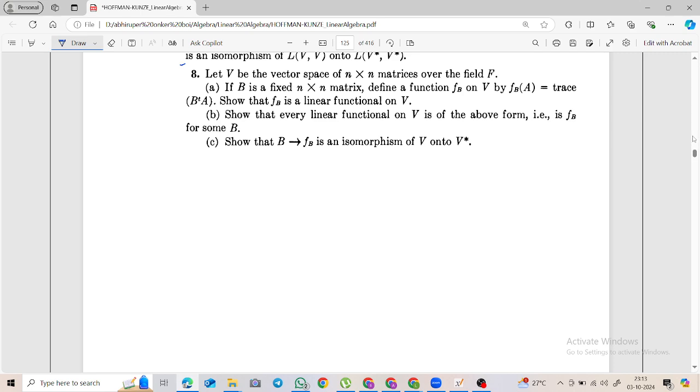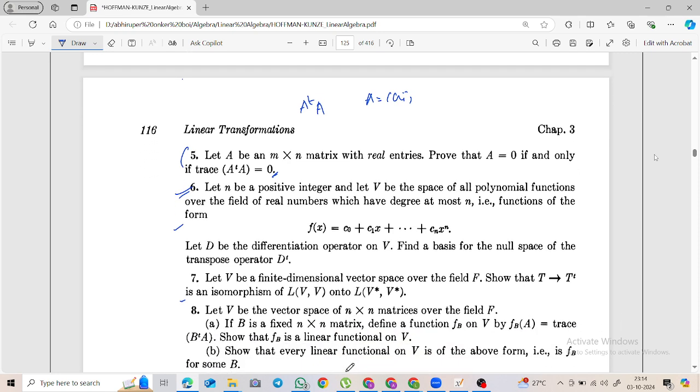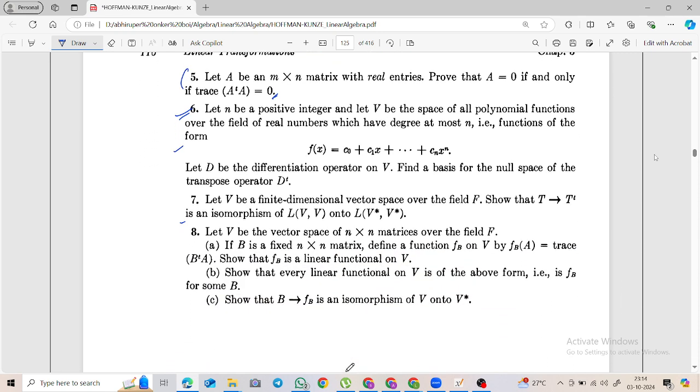Should we do chapter 8 first or chapter 6, 7, then 8? Because for chapter 6 and chapter 7, I will have to teach the theory. Otherwise it won't be fruitful.